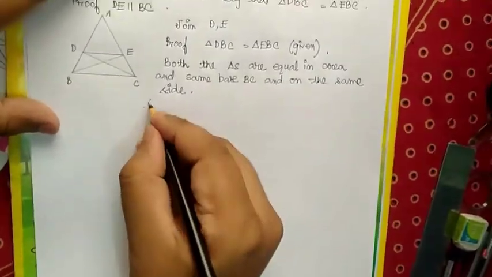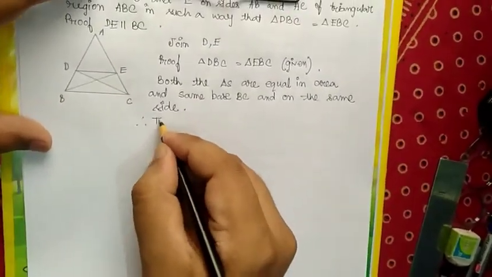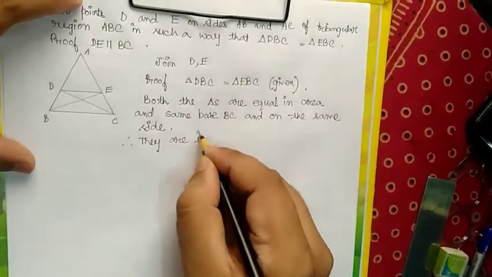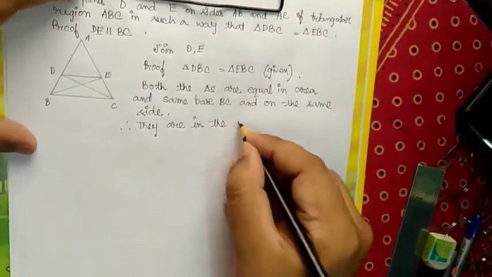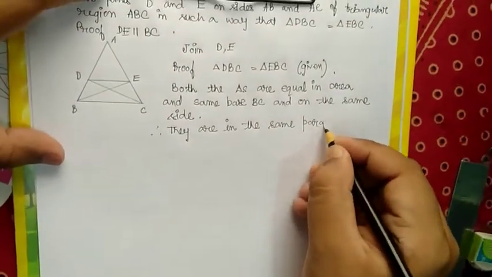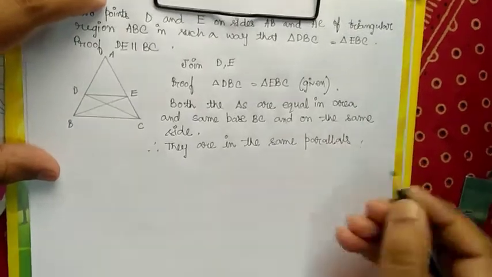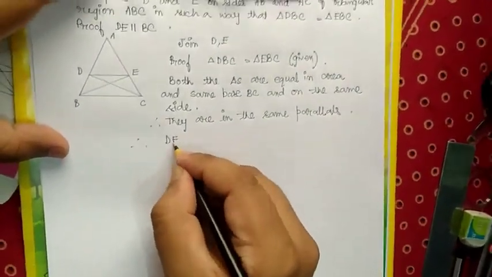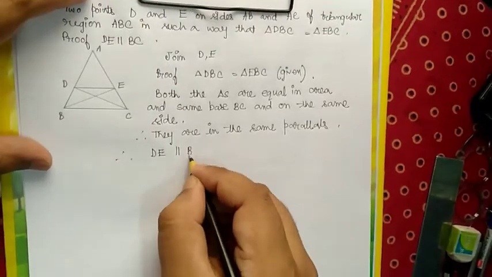Therefore we can say that they are in the same parallels. So therefore we can say DE is parallel to BC.